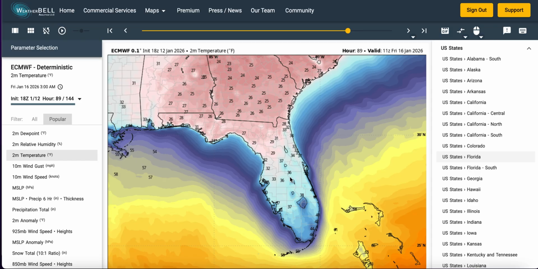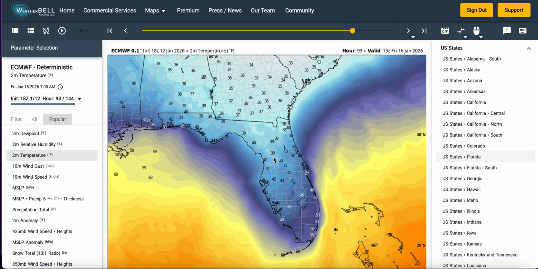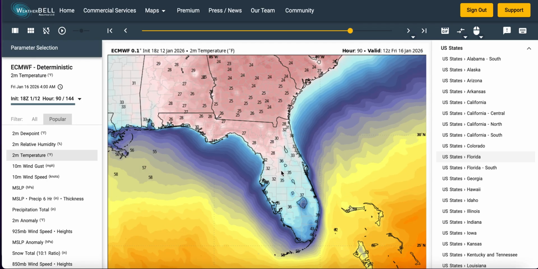You have upper 30s for Orlando, maybe some low 30s. Maybe low 40s for Miami. Gainesville, parts of northern Florida, Pensacola, Panama City Beach will be in the 20s. That's really cold for North Florida.